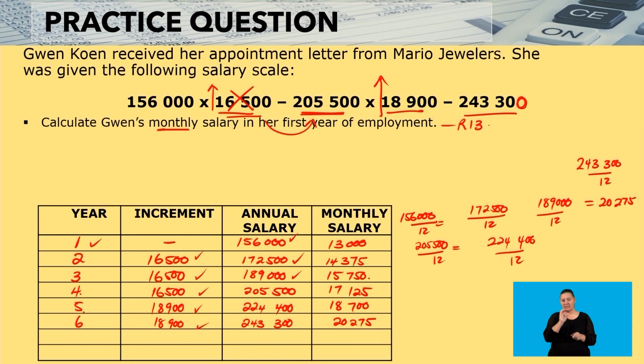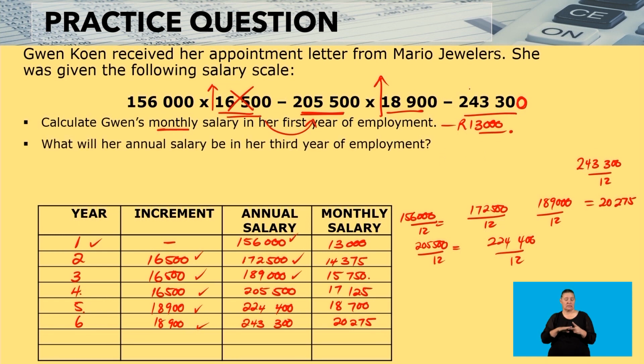So we have an answer here. 13,000 is Gwen's monthly salary in the first year of employment. Second question. What will her annual salary be in her third year of employment? This is the third year of employment. Here's the annual salary.